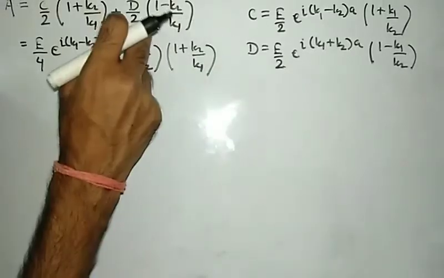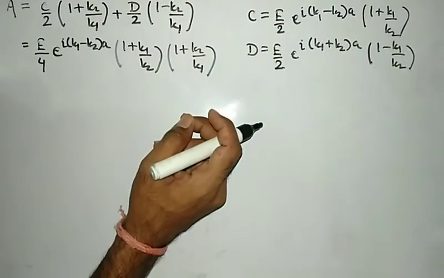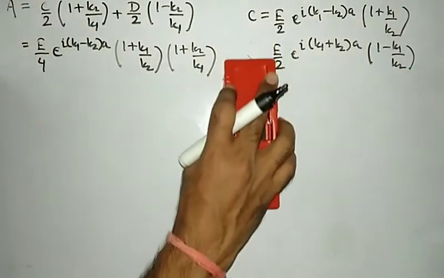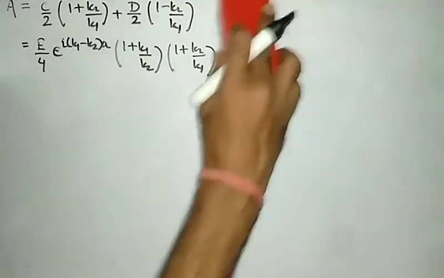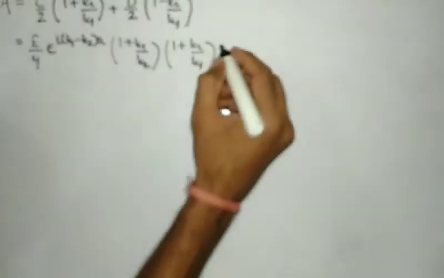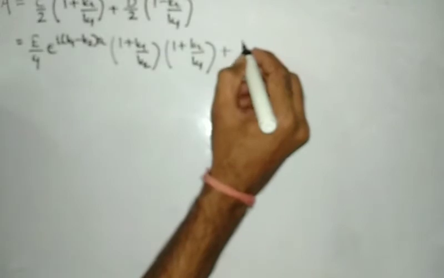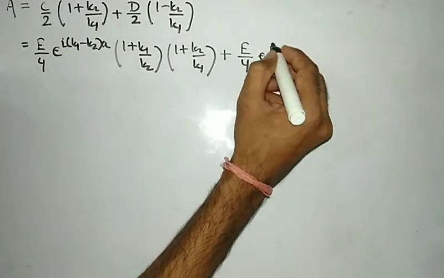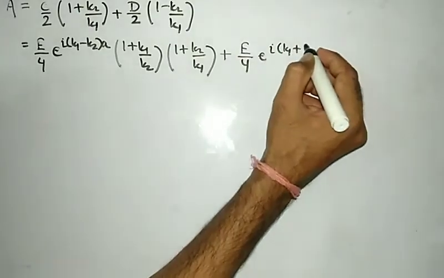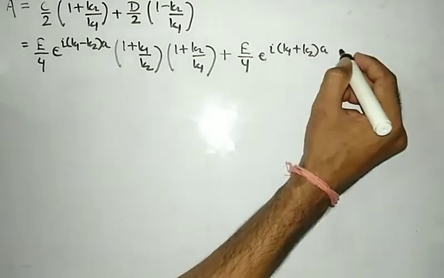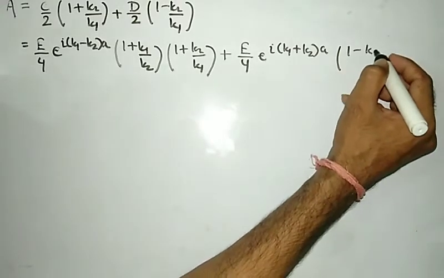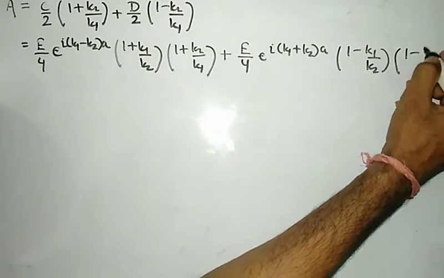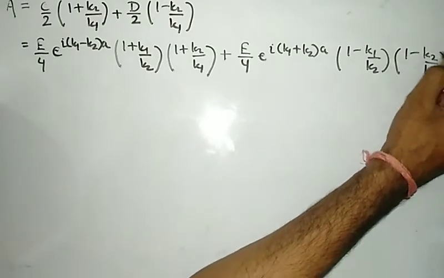So putting this d here, that will be plus e by 4 e to the power i (k1 plus k2) a, (1 minus k1 upon k2) and (1 minus k2 upon k1).